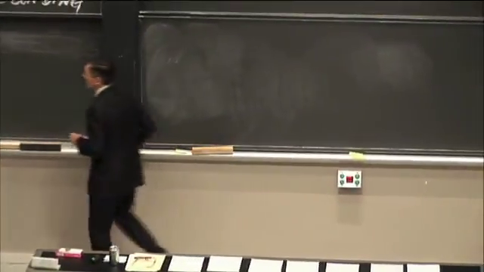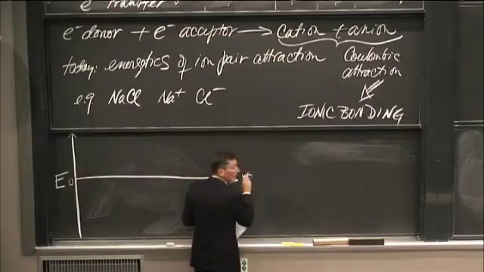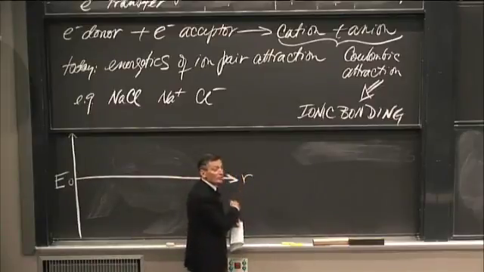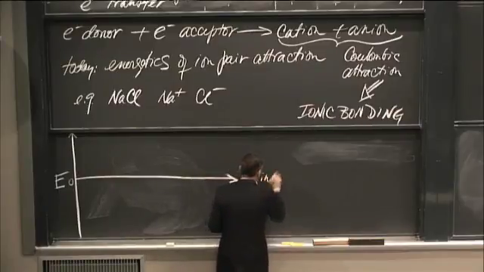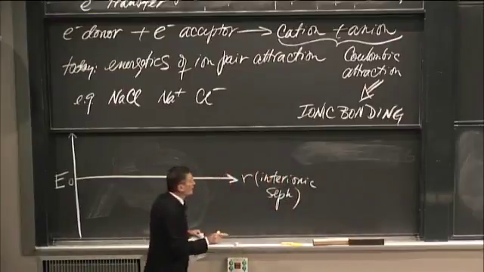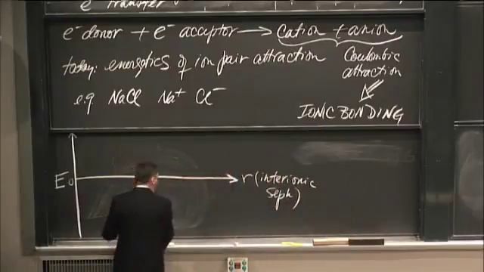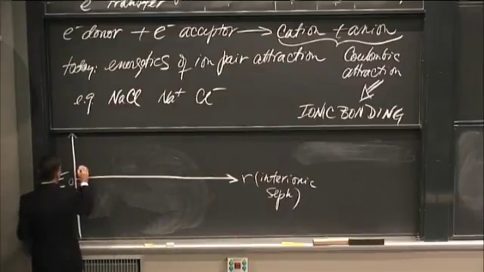So R is not the radius of the atom. In this case, it's the symbol, and I'm using this symbol not to confuse you. This is what professionals use. So if you go to the text and the literature, you'll see R. This is the interionic separation, and it's determined nucleus to nucleus. So I'm going to put a sodium ion at the origin.